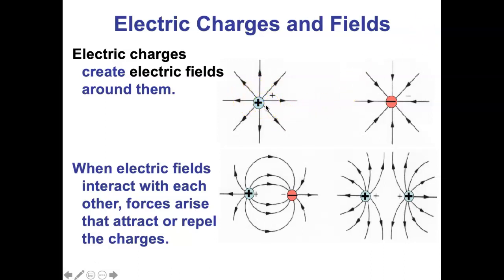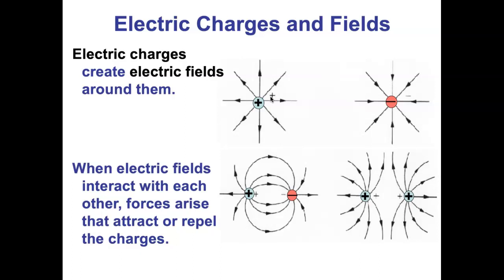What kinds of particles? Give me an example of a particle that has a positive charge. Like protons have a positive charge. Some particles have a negative charge, like electrons. Okay? And because these particles have a charge, they create an electric field around them.